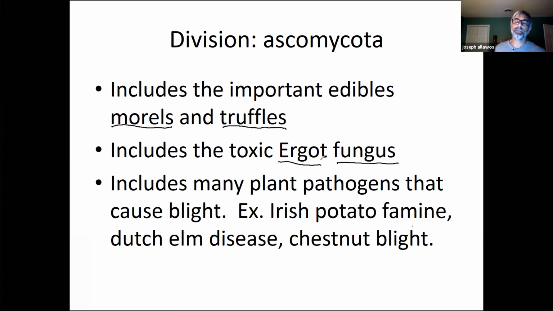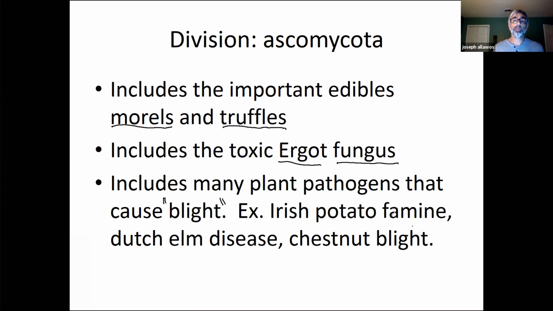You're going to be fascinated by it. This group also includes many plant pathogens that cause what we think of as blight. And anytime you see this term blight, when it's referring to a disease of plants, it's typically a fungus, or we use it to describe a fungal blight.